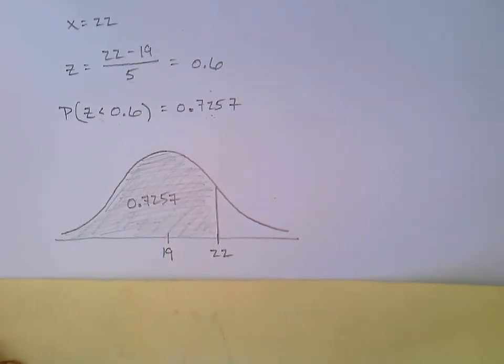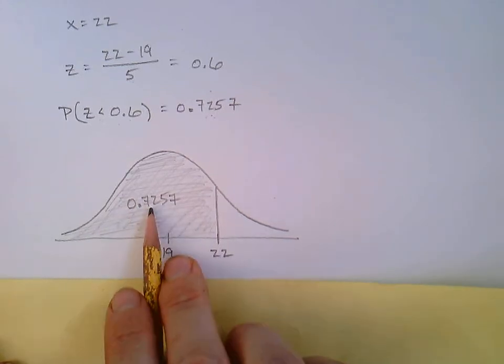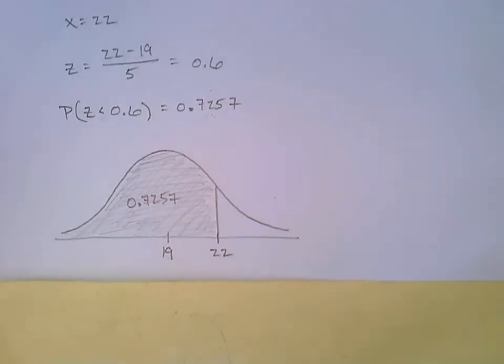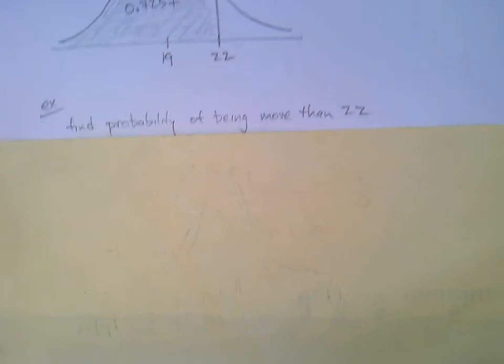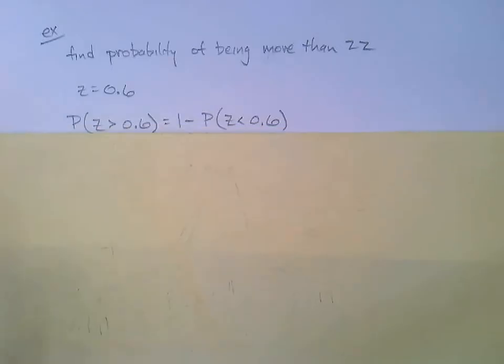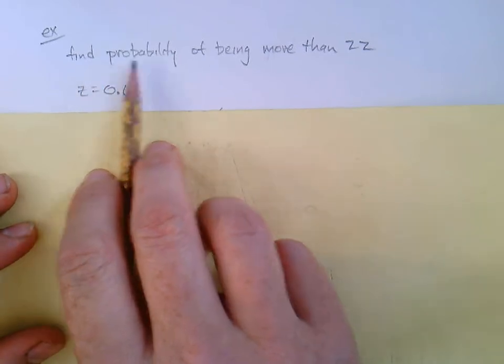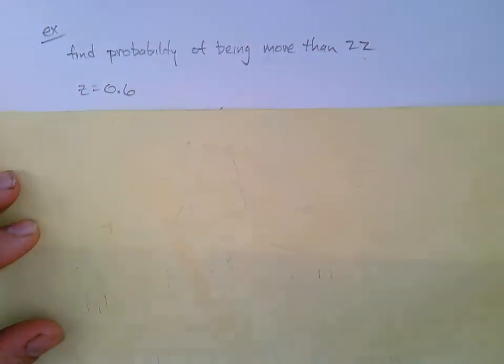So if you've got 19 here and 22's out there, this represents 0.7257 probability. I want to do just one more because not every problem you see is going to be a less than. So I've got this one very similar, same setup, but now let's find the probability of being more than 22.